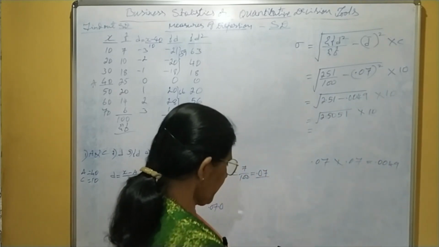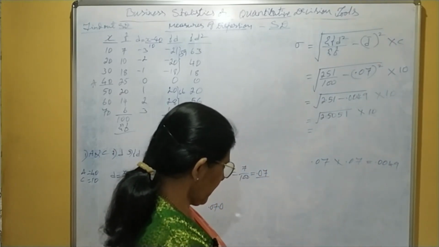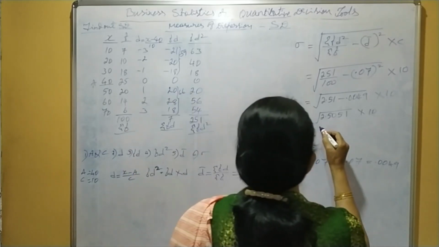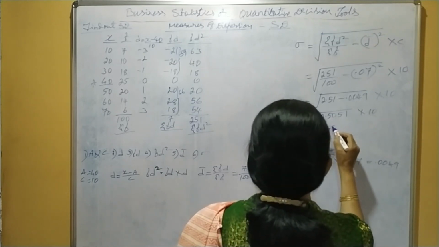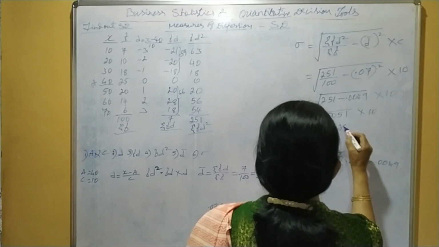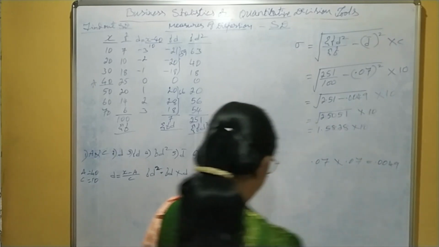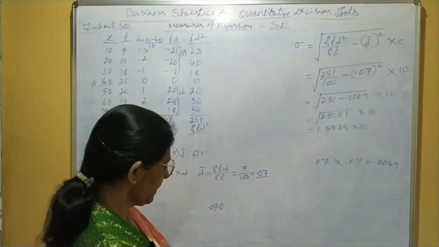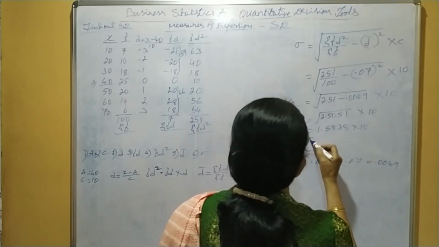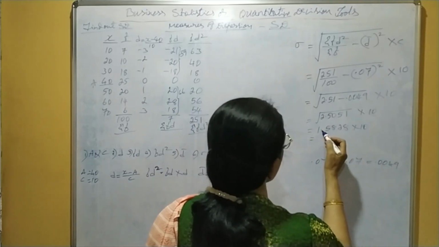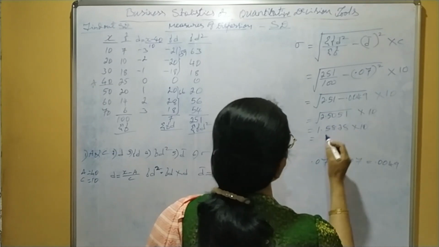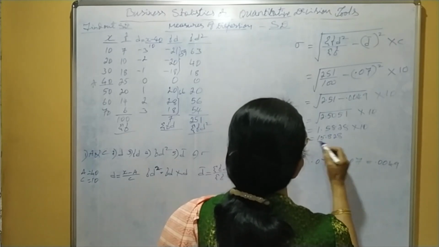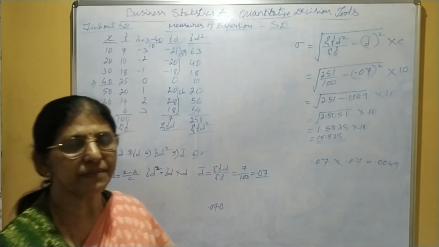Now you have to remove the square root. It is 1.5828 into 10. Okay. Now, equals here into 10 means here 1 zero is there. Shift this decimal point 1 place to right side. It becomes 15.828. This is standard deviation. Okay.